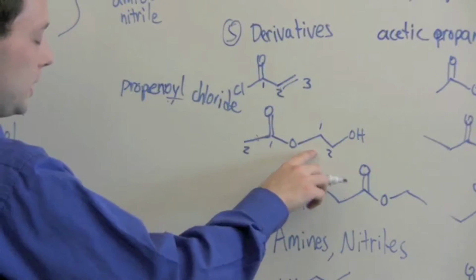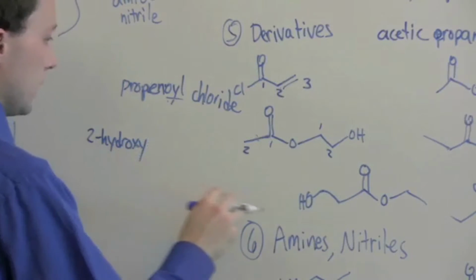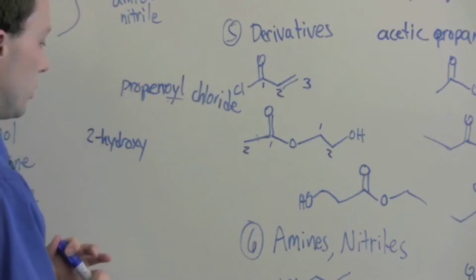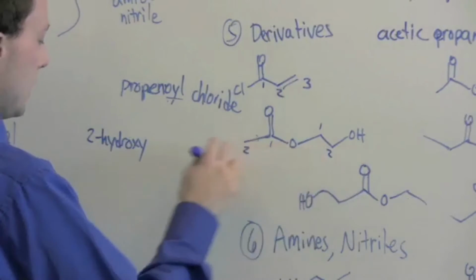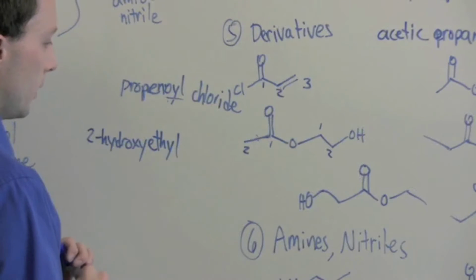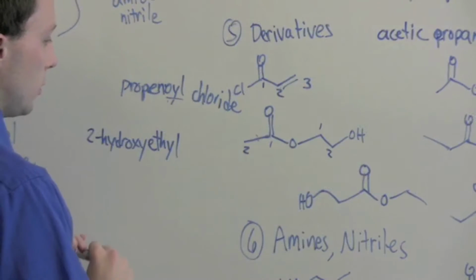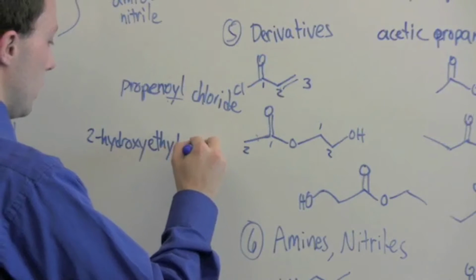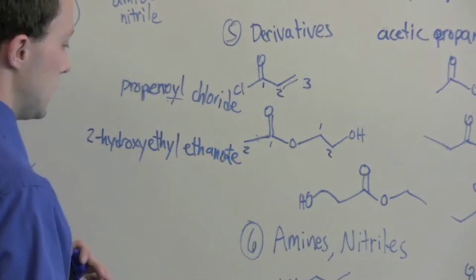So this is going to be 2-hydroxy, because alcohols are named hydroxy groups if they're substituents. 2-hydroxy, and then this is an ethyl. Now we're going to go to the other side to finish it off, and since it's a 2-carbon chain coming off of the carbonyl carbon directly, we're going to call it ethanoate.